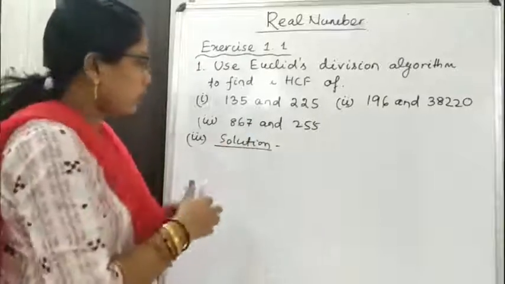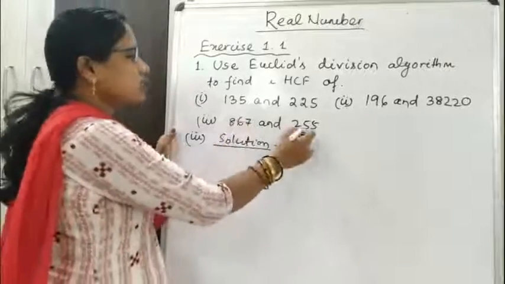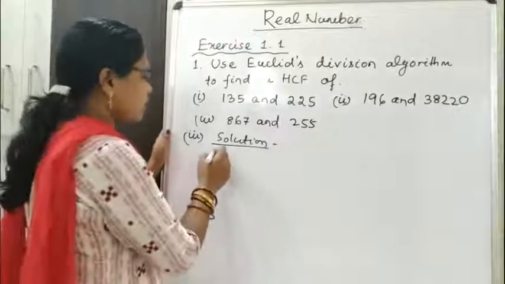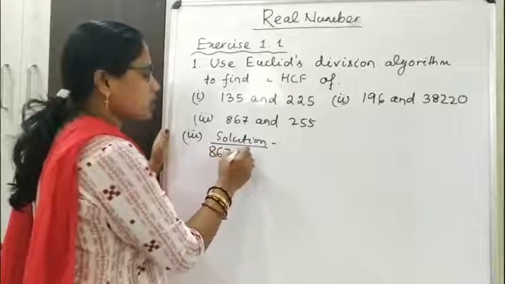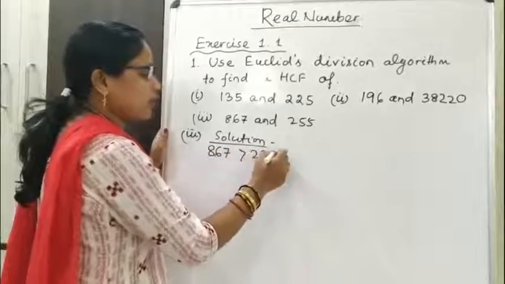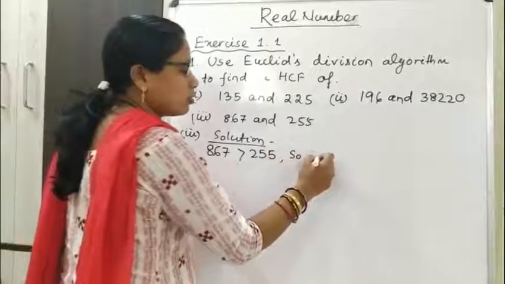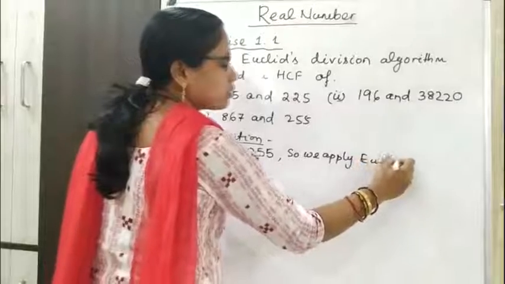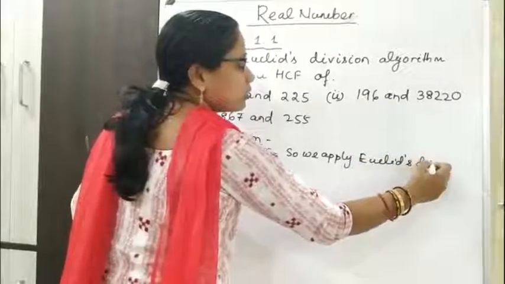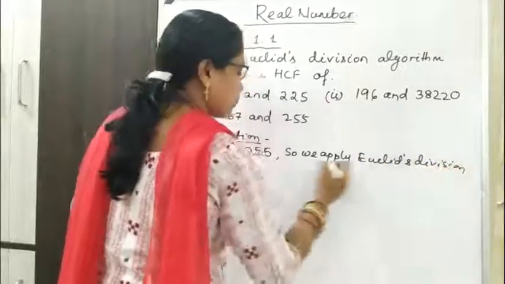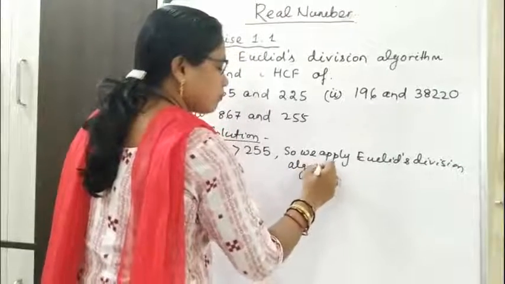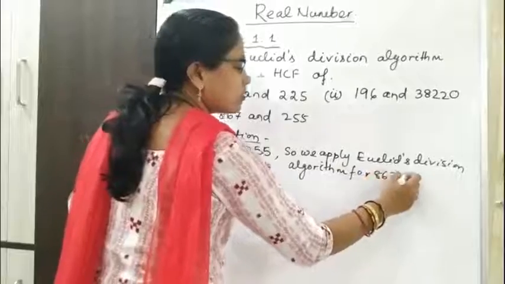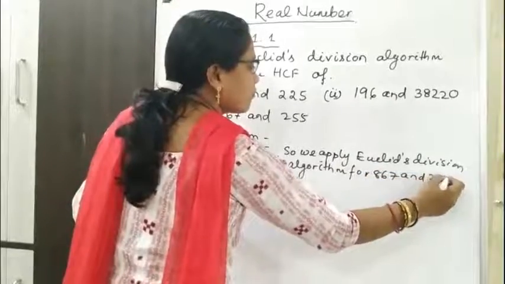Let us solve the third one, that is 867 and 255. We have to find the HCF. As 867 is greater than 255, we apply Euclid's division algorithm for 867 and 255.